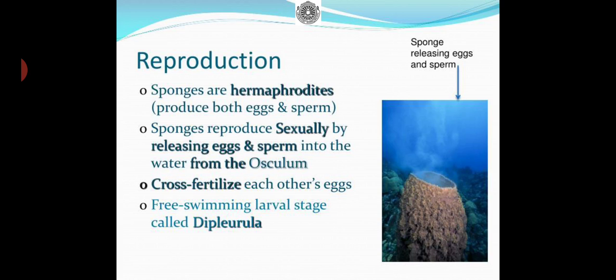As I said earlier, they undergo cross fertilization and produce a free swimming larval stage called amphiblastula. On the right hand side of this slide, you will be observing a kind of smoky thing coming out of the osculum, which is nothing but the release of eggs and sperm by a particular sponge.